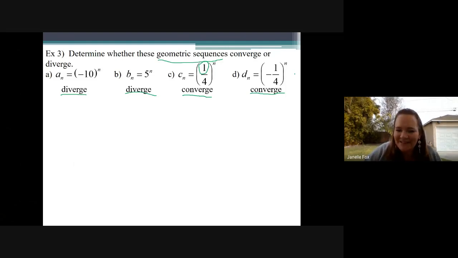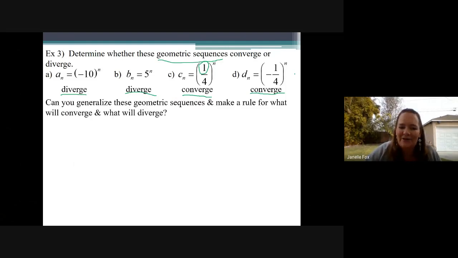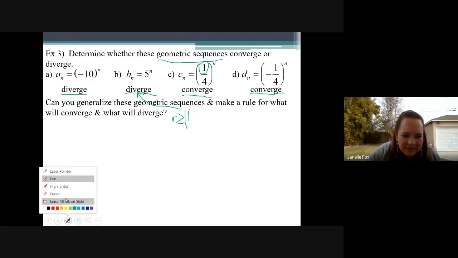Did you come up with something? Ladies and gentlemen, the pattern is that if R is greater than 1 or even equal to, it's going to diverge. Whoa, that is not what I was supposed to write. Let me erase that.